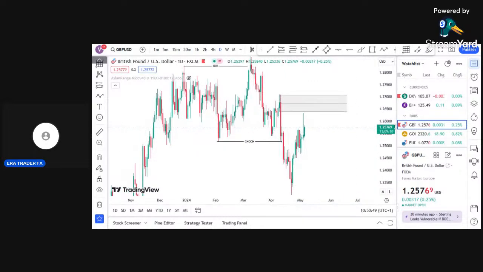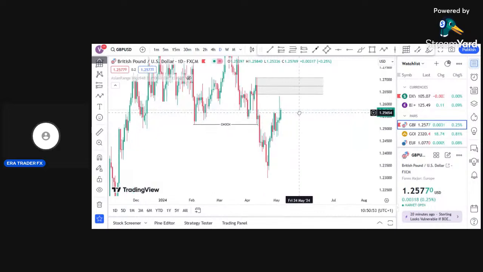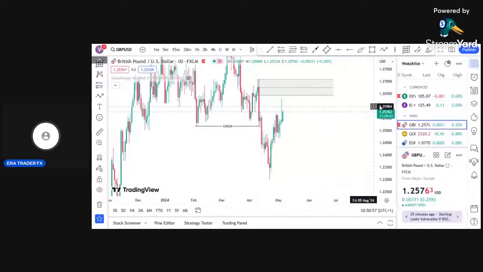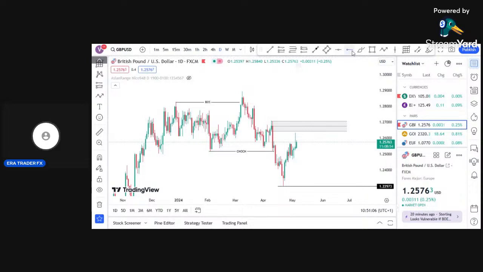So what we might see is that price will come to this zone, mitigate that zone, tap in and give us a clear direction. Where's our external range liquidity? Just resting below there, and this is our range, from that to that place.